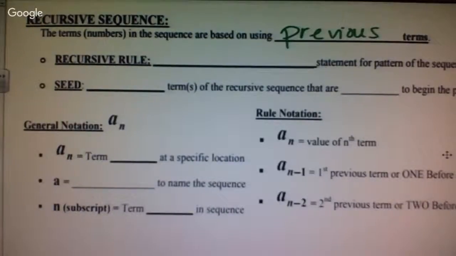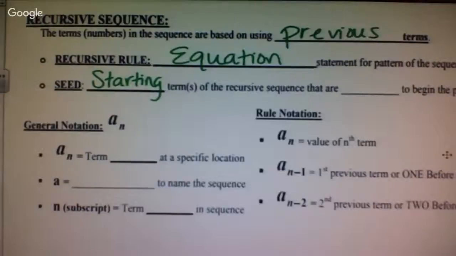Your recursive rule is an equation statement for the pattern of the sequence. Your seed is the starting term that is needed to begin the pattern.